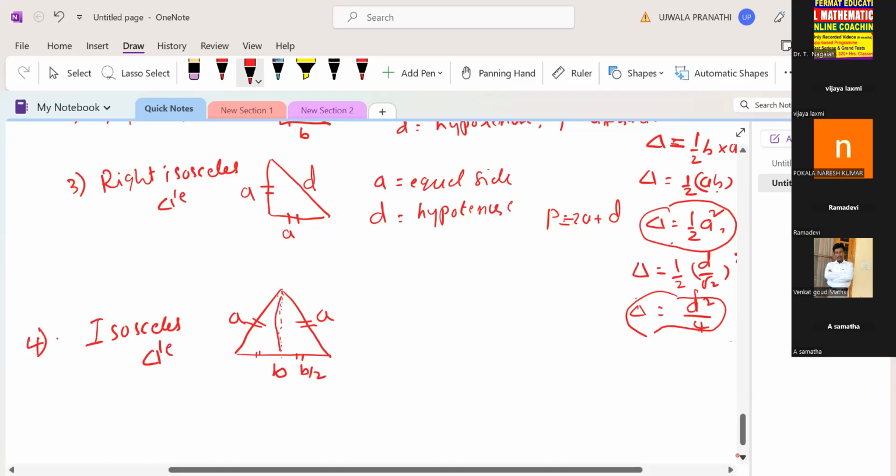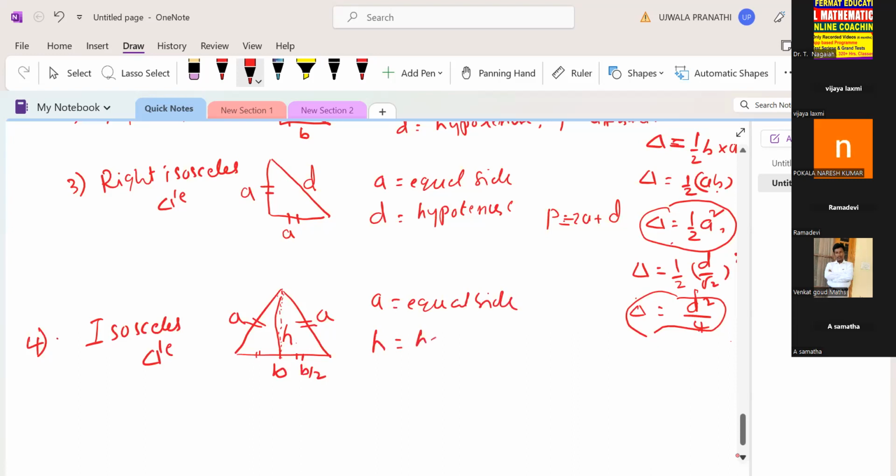So this is called height, H. Now A is the equal side, and H is the height. How can we find H? This is the right angle triangle. This is the hypotenuse, this is the one side.